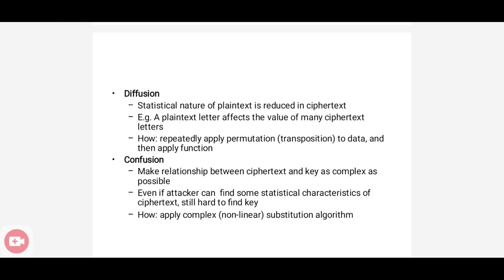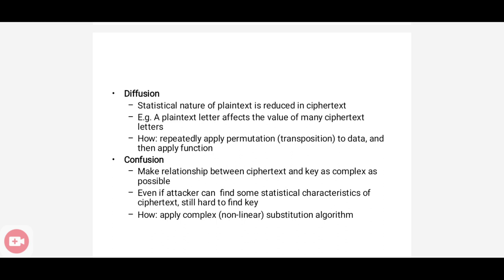In Feistel structure, we have substitution and permutations along with two other concepts: one is diffusion and another is confusion. Diffusion means making some relationship between cipher and plain text, but confusion means making some relationship between cipher text and key. Okay.